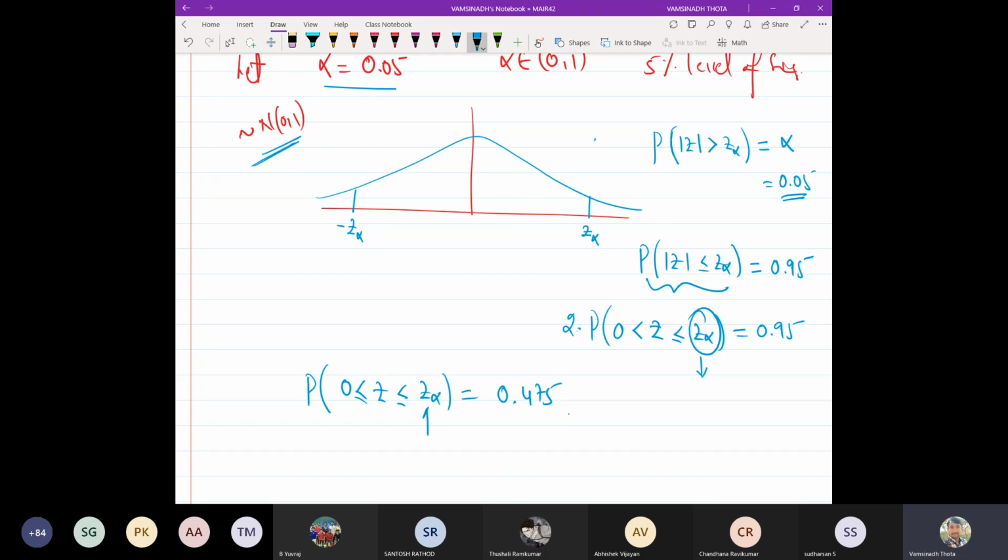Now, could you please open the statistical table and look at the standard normal distribution table? Can you tell me for what Z alpha we will get this value? For all the sections, you should open the statistical tables before the class itself.